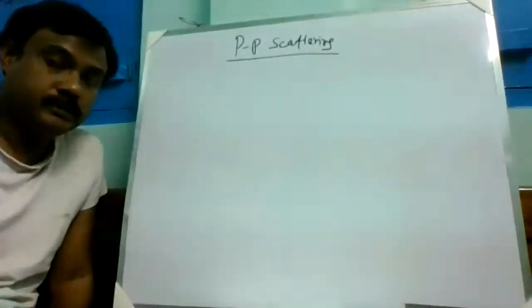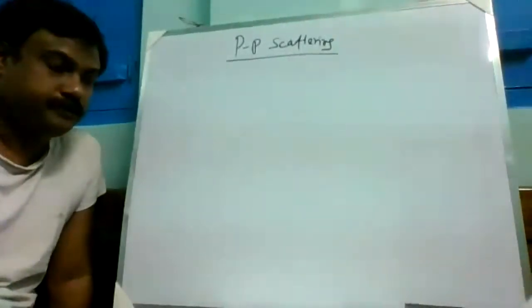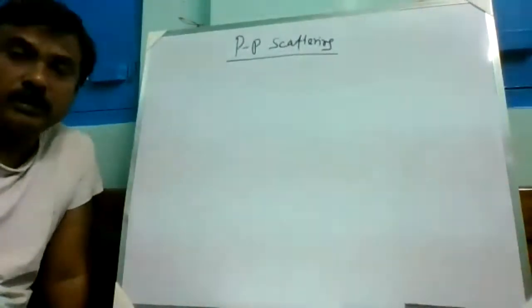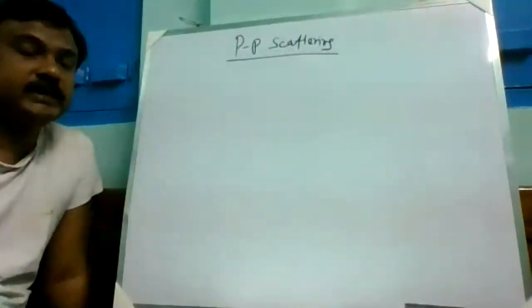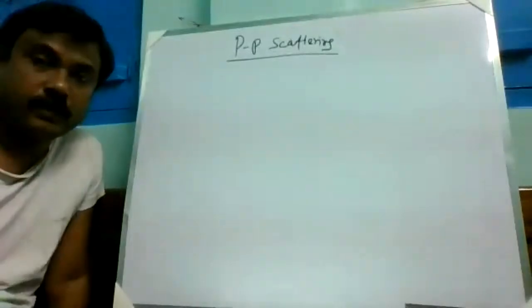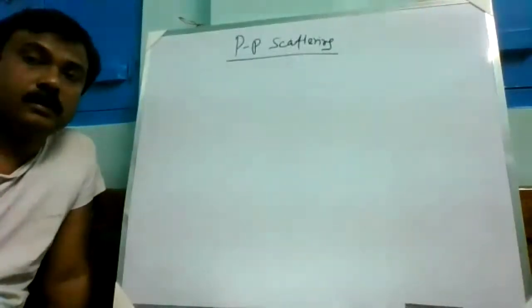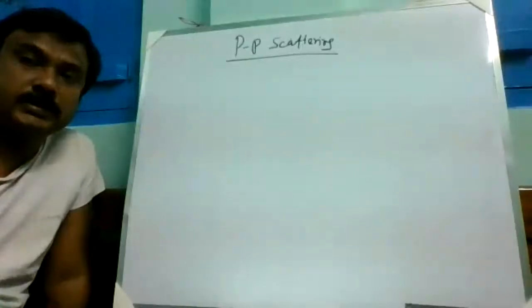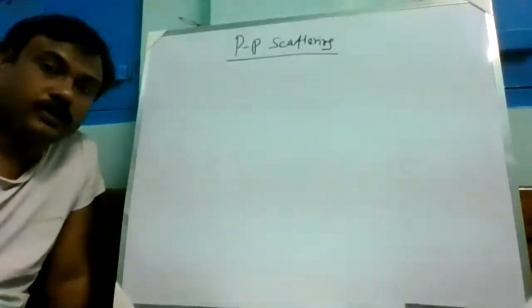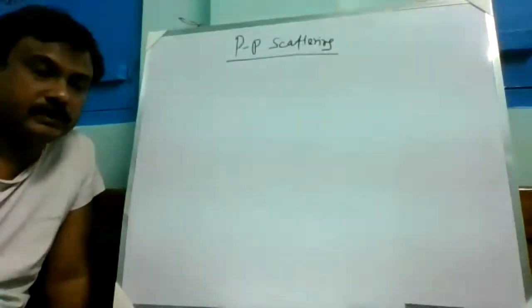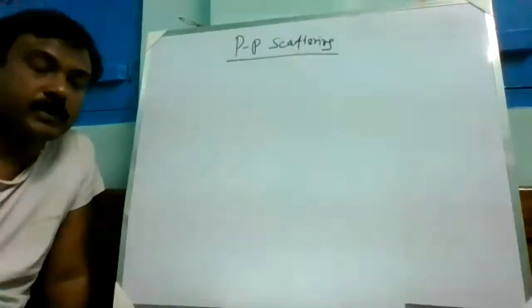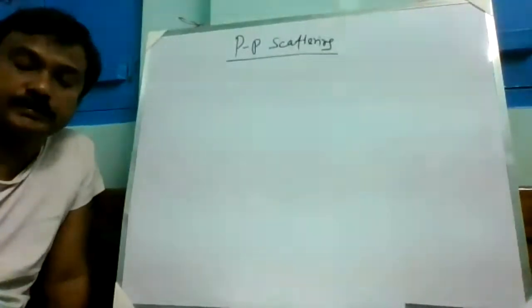But there are difficulties also. The difficulties are for the Coulomb interaction between the protons. For NP system, as neutron is electrically neutral, we don't have to consider Coulomb interaction. But in case of PP scattering, we have to consider Coulomb interaction.